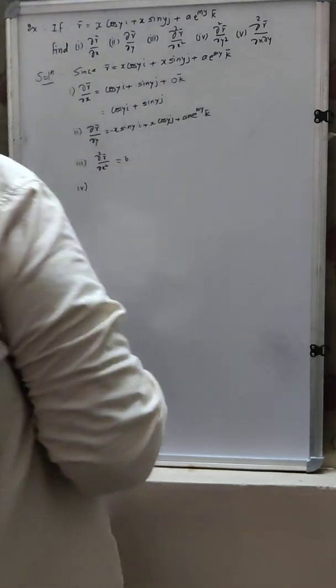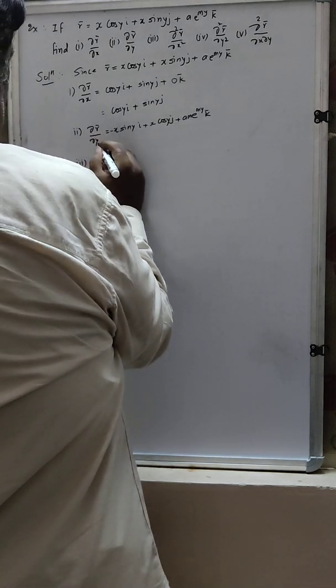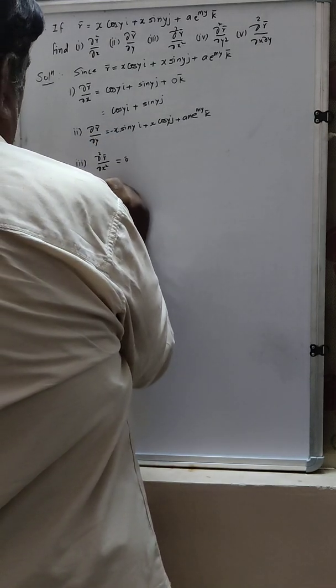Fourth, differentiate ∂r vector by ∂y with respect to y.